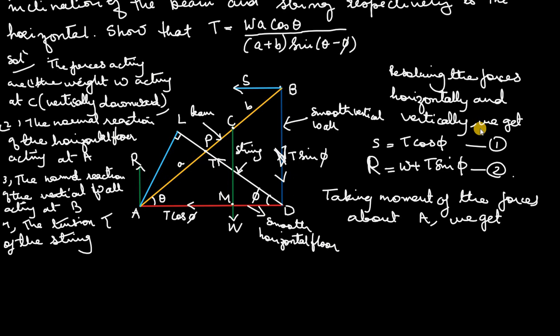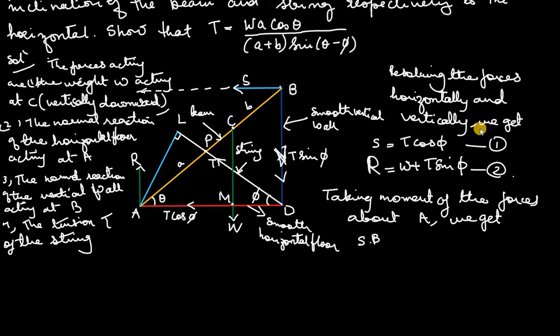So we have the moment of the force S into its perpendicular distance. If you extend this, the perpendicular distance of the force S from A is equal to BD only.